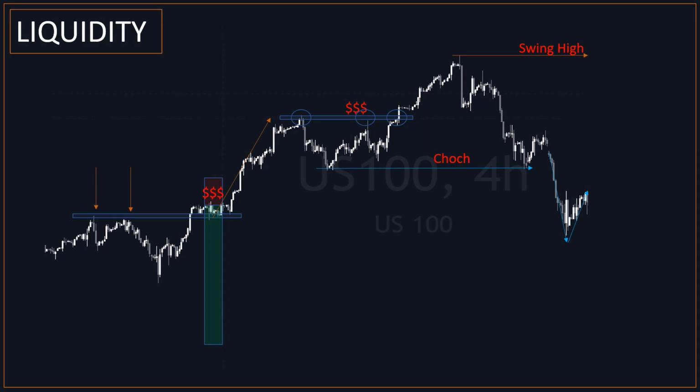So here we see a small correction to the upside. I noticed that price rejected from this area before, and now price is here correcting into this area, and I would expect price to reject from this area and continue going to the downside.